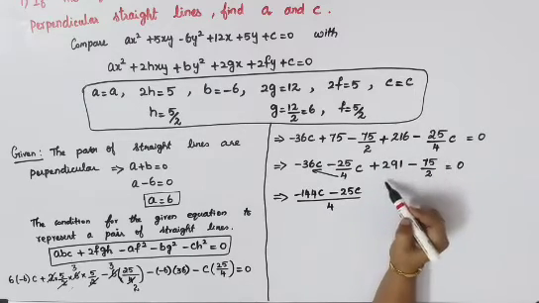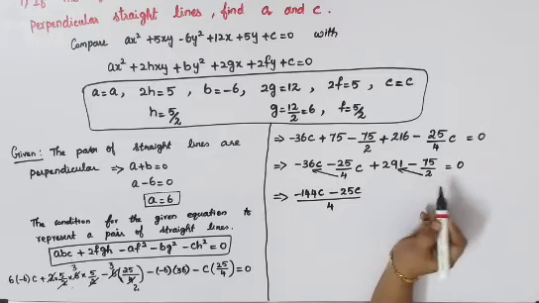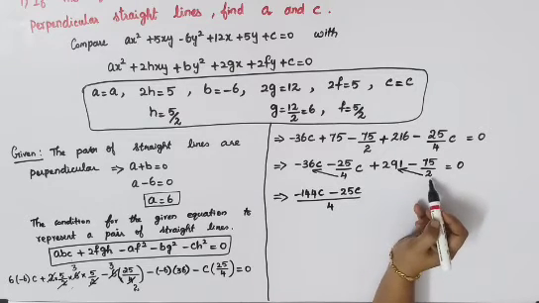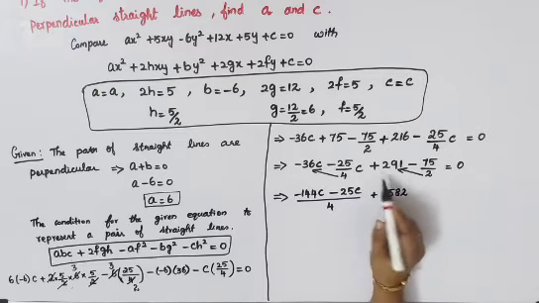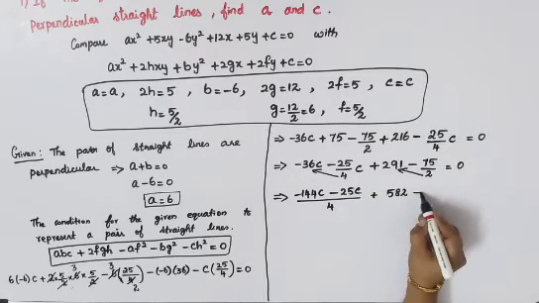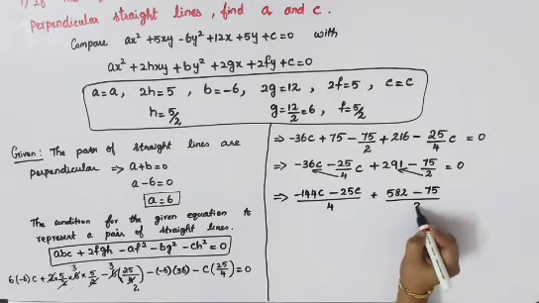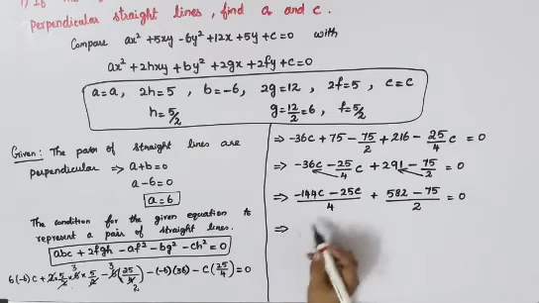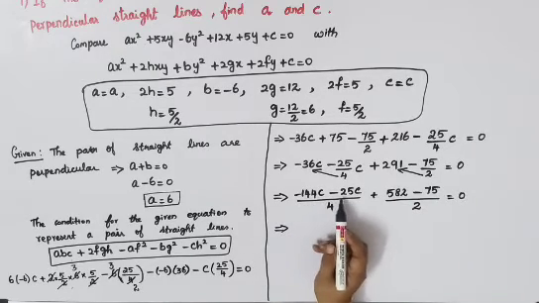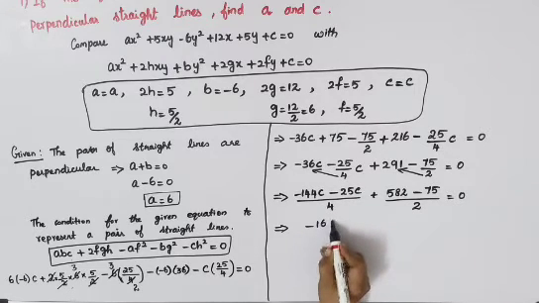Again for this constant, we'll just go for LCM. So again cross multiplying, otherwise LCM. So 291 into 2, you will get 582 with positive, so plus, minus this 75 as it is, whole thing divided by 2, which is equal to 0. So that implies minus 144C minus 25C, adding you will get 169.